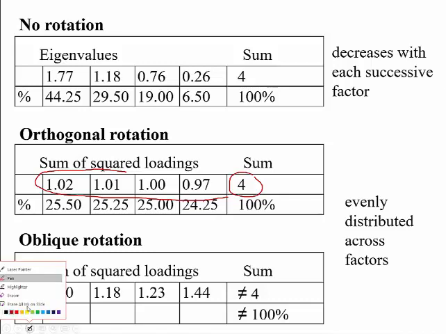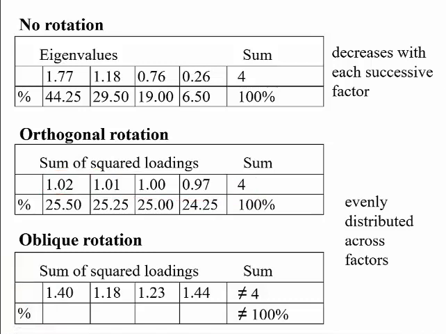And since I've extracted as many components as I have items, I'm going to explain 100% of the variance. Here's the percent of the variance explained by my first component, about 25%. The second explained about 25%. The third explained about 25%. So all my components are explaining about 25% of the variance, and if we add it up, it adds up to 100%.